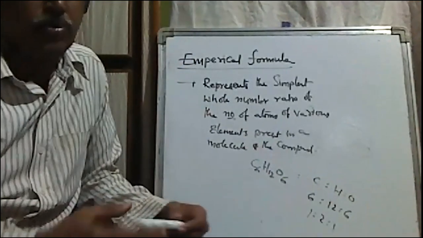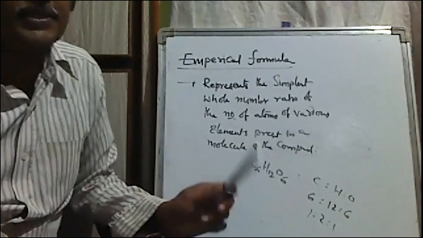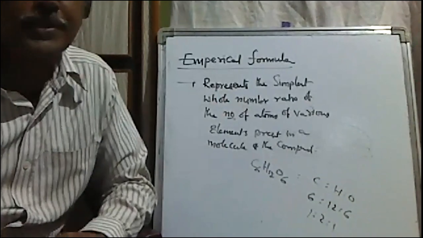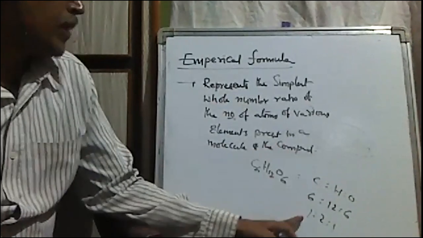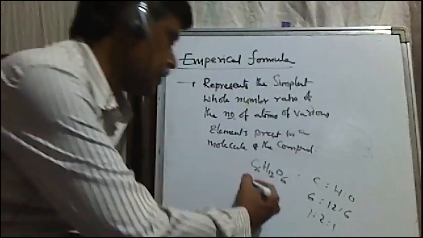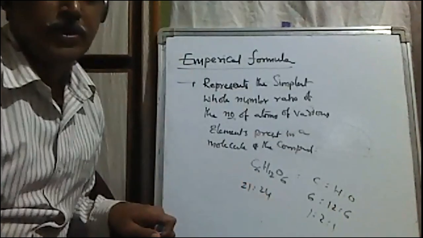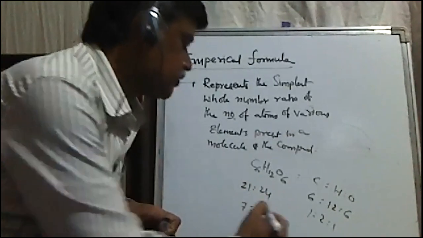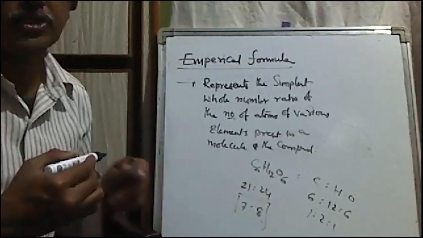The simple ratio of the elements present in a compound gives the empirical formula. For example, 21:24 is a ratio, but it is not the simplest ratio. The simplest ratio is 7:8, which cannot be simplified further.